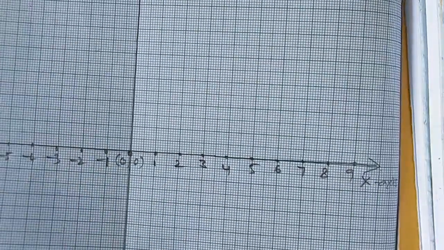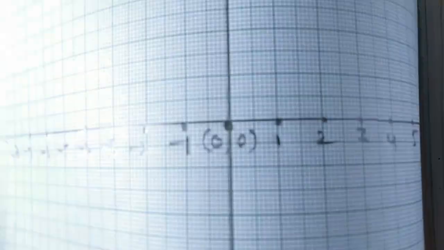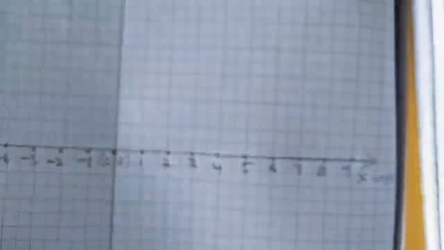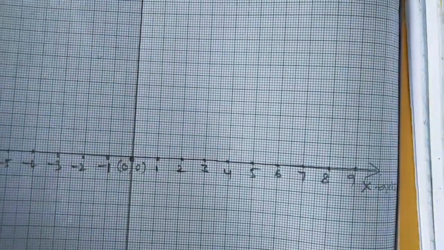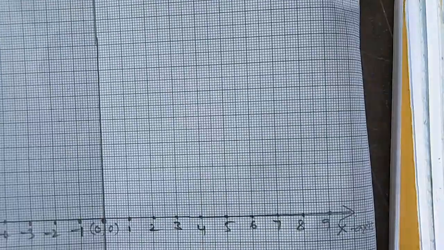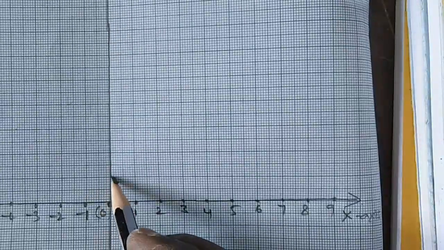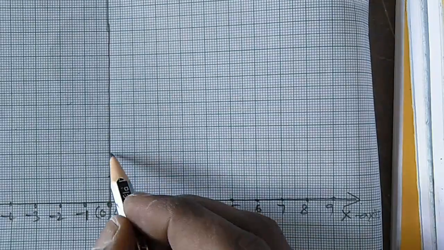Up to -8 I am able to mark in my graph sheet. So like this, the marking of numbers on the x-axis is completed. Now on the y-axis: above the x-axis all are positive, below the x-axis all are negative. So upside it will all be positive.